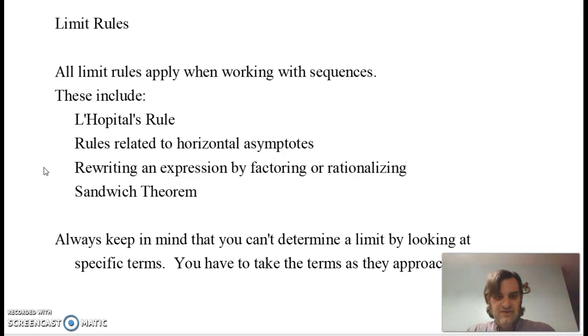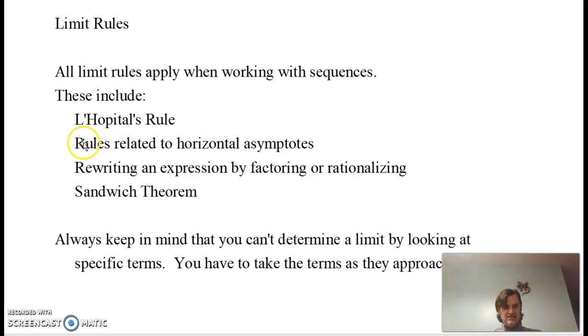So whenever we're trying to figure out if a limit exists as we go to infinity, there's a couple things we have in our back pocket that we could use. Some of these we'll do some examples with, and some of them we won't. L'Hopital's rule, you may remember, is that if you are taking the limit of a rational function and you get infinity over infinity or 0 over 0, you can take the derivative of the numerator and denominator and try again.